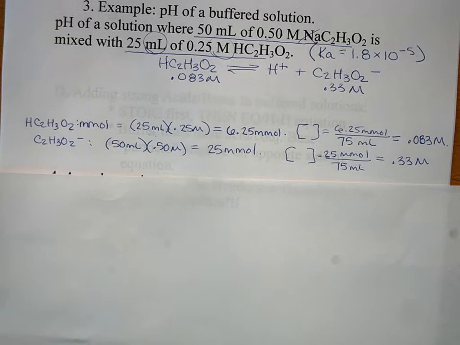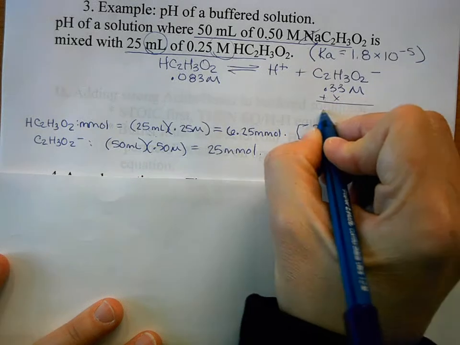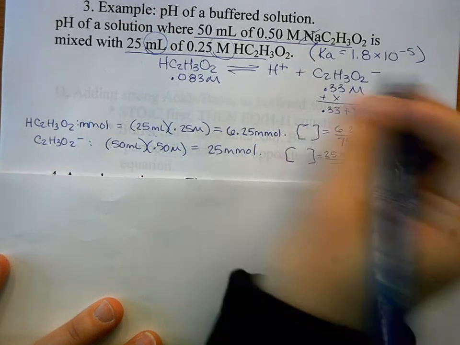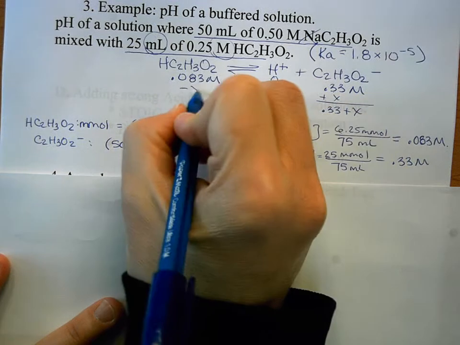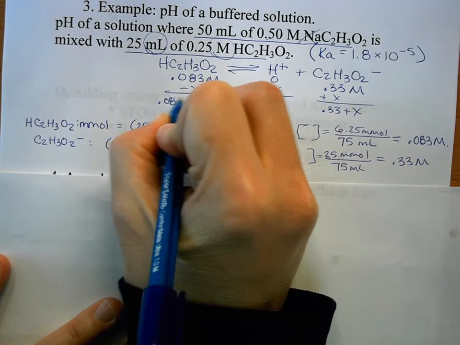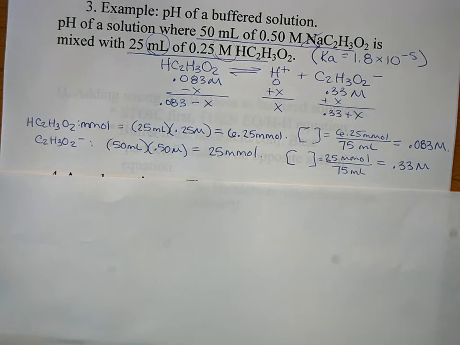From there, it's the same as what we have done before. So plus x, 0.33 plus x, 0 plus x, and minus x, 0.083 minus x.